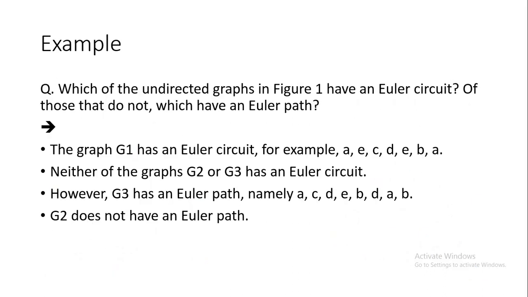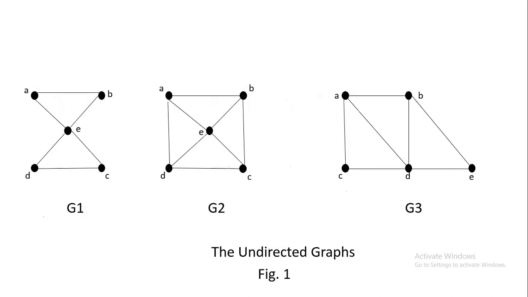Next, see another example here. Which of the undirected graphs in figure 1 have an Euler circuit? Of those that don't have an Euler circuit, which have an Euler path? Understood? What is the question? See here, this is our figure 1. G1, G2, G3 are the undirected graphs.